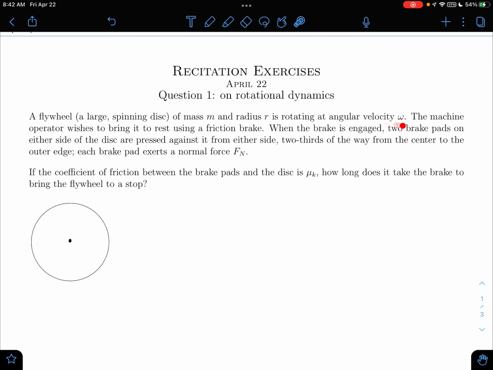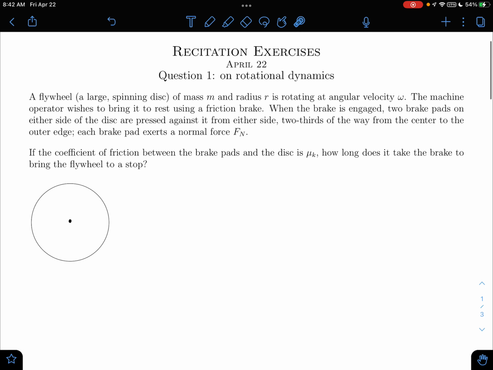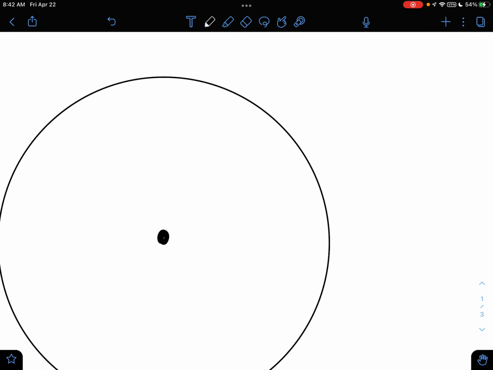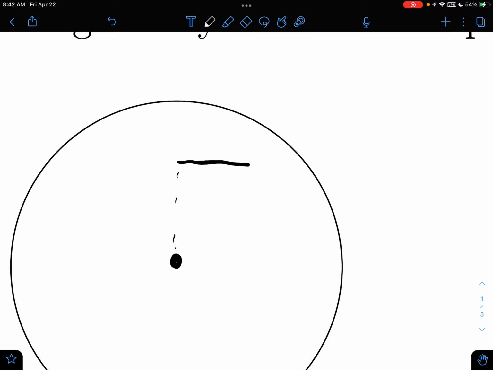We're starting at a given initial velocity with a given mass and a given radius, and we're using friction brakes to slow it down. Okay? And we have 2 brake pads, and each one exerts a force of Fn. And we're given a coefficient of friction. So we have 2/3 away from our center.